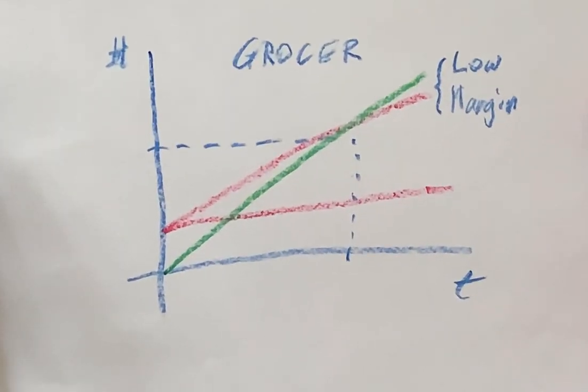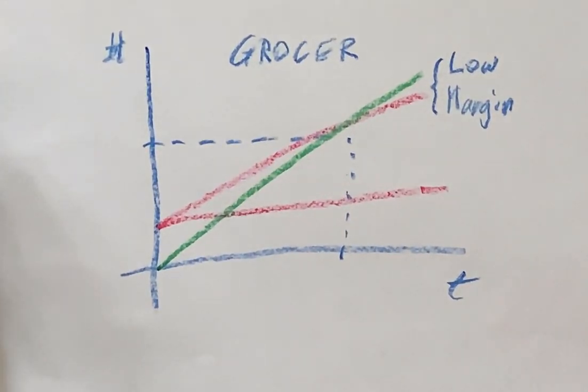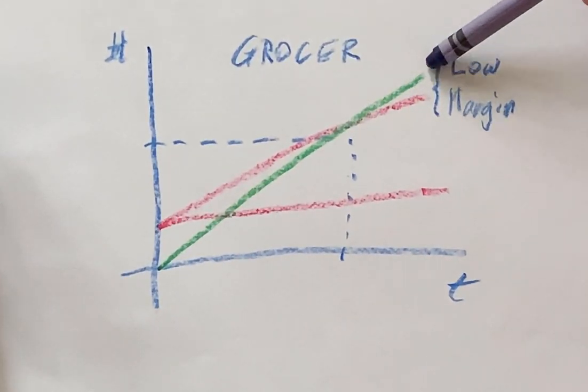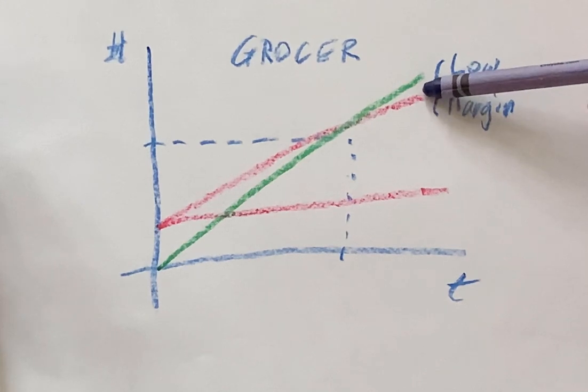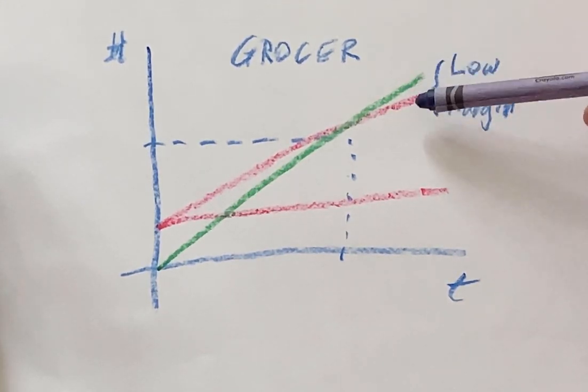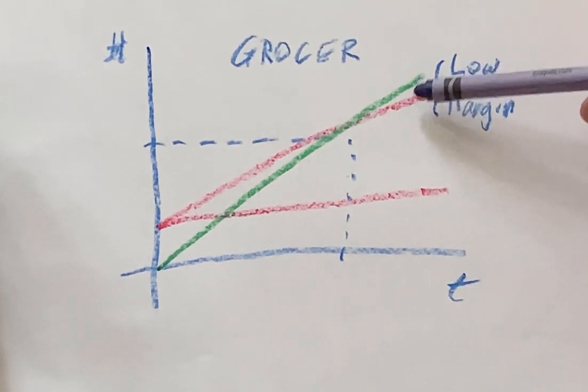First, we'll look at the grocer. The grocery store might have pretty good sales, but they got pretty low margin. The difference in slope between the sales and the margin and the cost is pretty low.